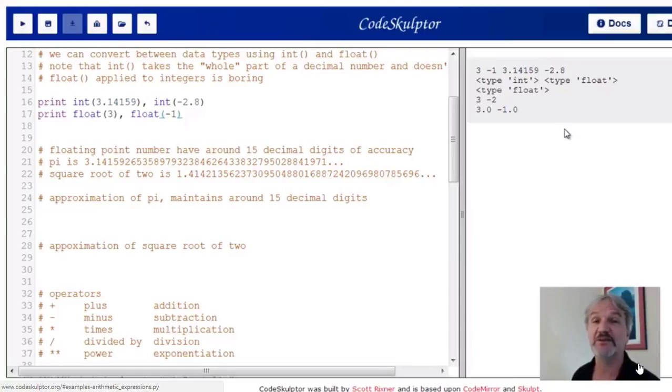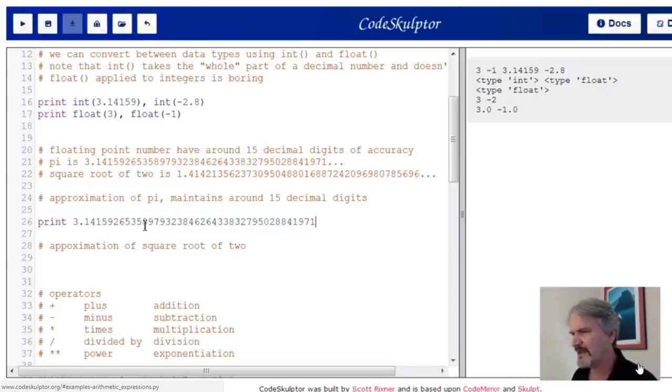So let me show you two examples real quick to help you understand. I've grabbed two really good approximations for pi and the square root of 2. Here I have a 50-digit approximation of pi. And then I've also grabbed a 50-digit approximation to the square root of 2.